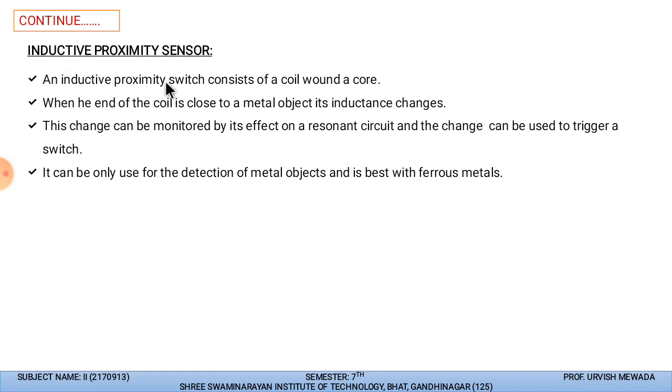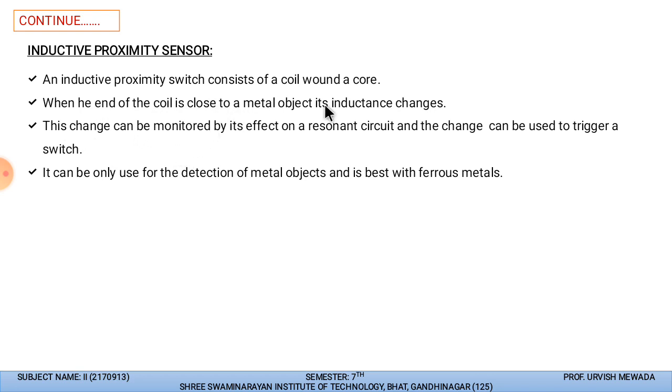Now this is the third part, which is the inductive proximity sensor. An inductive proximity switch generally consists of a coil wound on a core, and when the end of the coil is close to a metal object, its inductance changes.